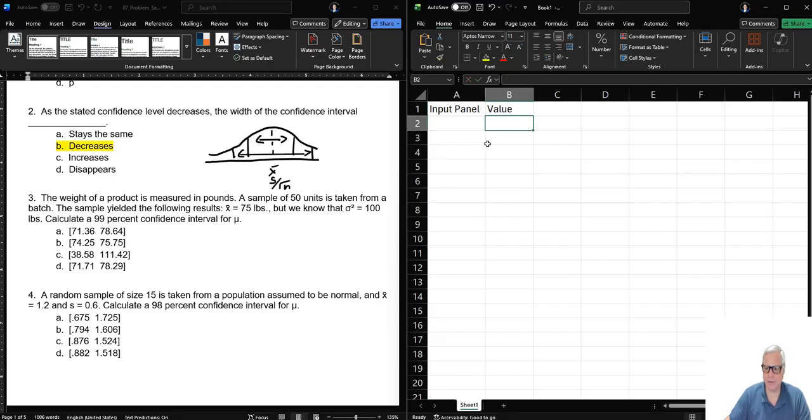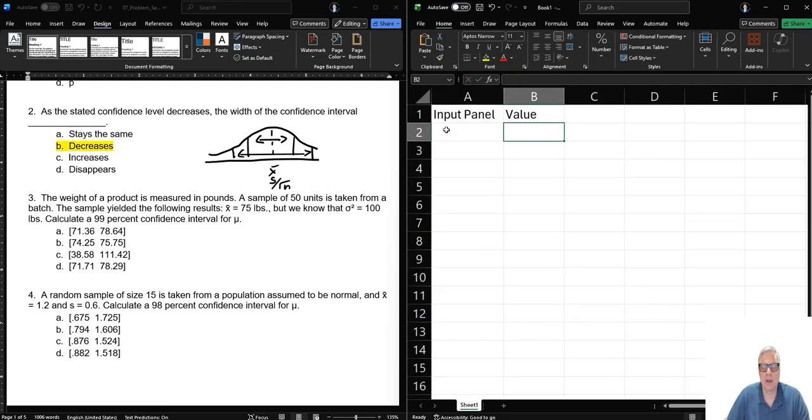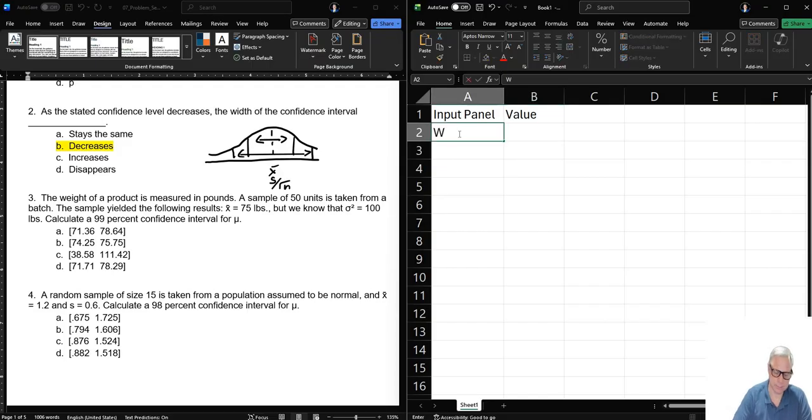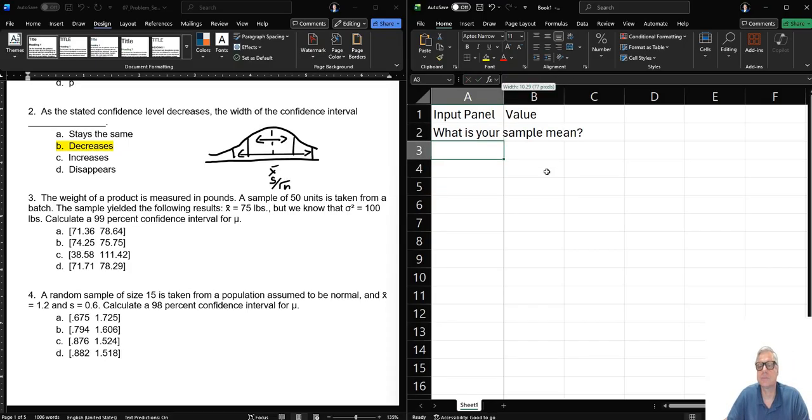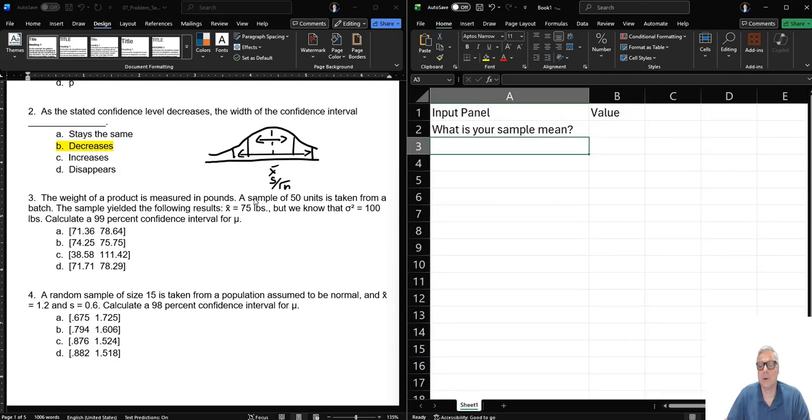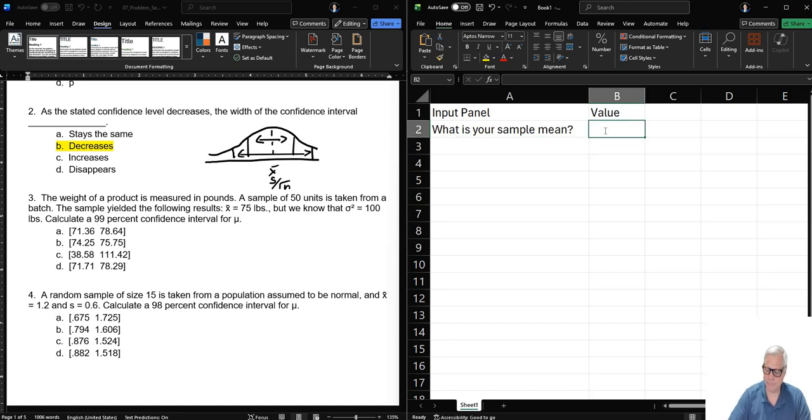So here the first question would be, what is your sample mean? Okay, so now here we can enter that the sample mean is 75.